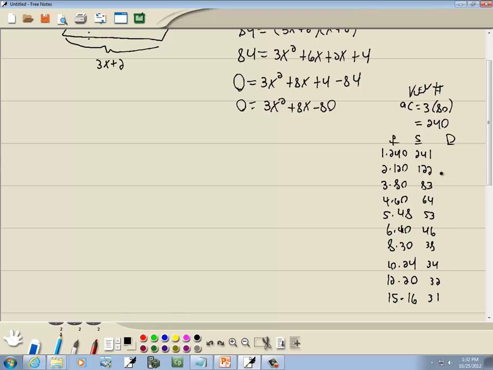Helps to actually be able to do basic math, which I seem to be lacking in. 240 minus 1 is 239. 120 minus 2 is 118. 80 minus 3 is 77. 60 minus 4 is 56. 43. 34. 22. 14. 8 and 1.